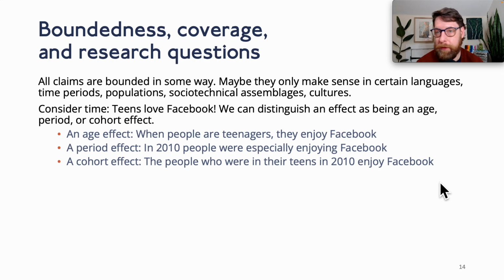I think teenagers these days are more likely on TikTok. So we wouldn't necessarily claim an age effect in the same way that we would say when people are teenagers, they're rebellious. In many cultures, teenagers are rebellious across time periods, but they might not be rebellious on Facebook.